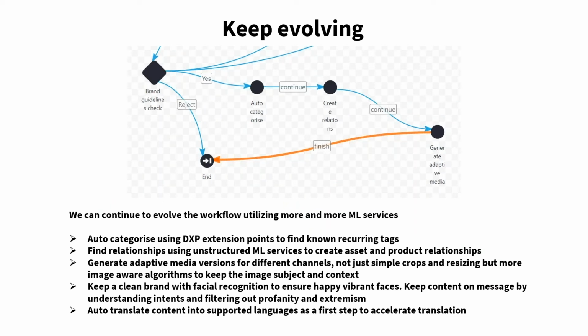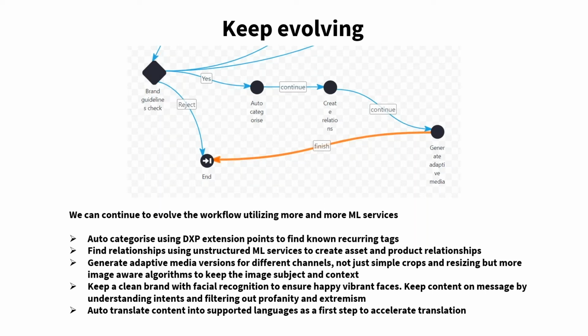Let's up our game. So what we're going to do is check potentially for brand guidelines. There are a number of different services that we can use to make sure that the faces within the images are happy, joyous, not looking really worried, because kids, when they're buying toys, want to look at happy, joyful people. We can make sure that the image has the correct quality.